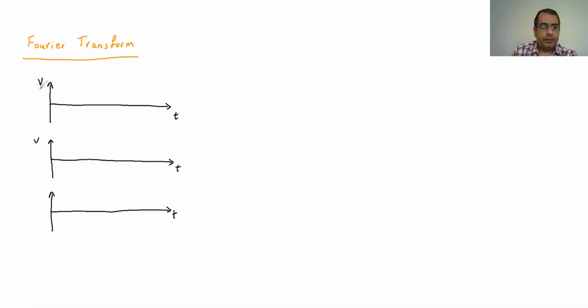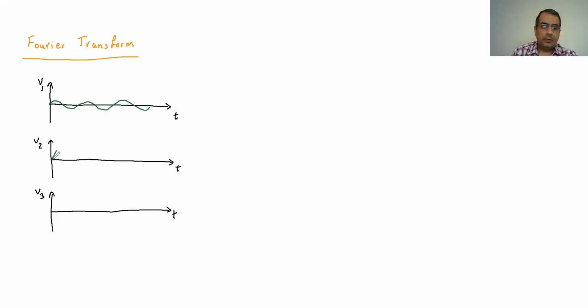So assume there is a V1, a V2, and a V3. I measured three signals over time, and assume they are sinusoidal signals. The first signal I measured looks like that.